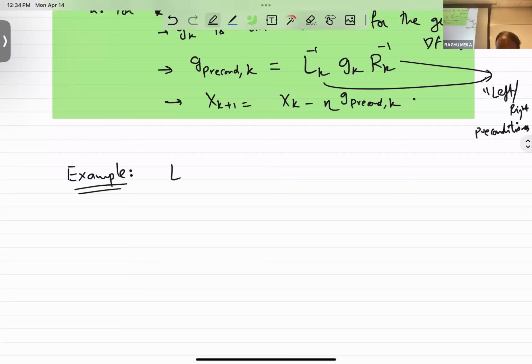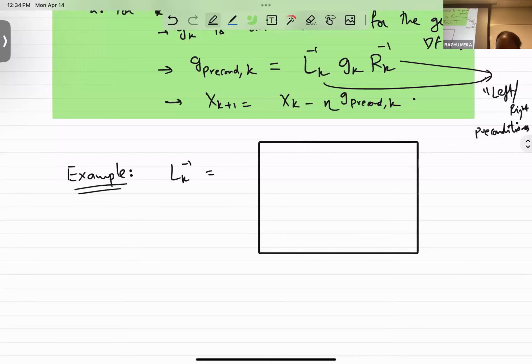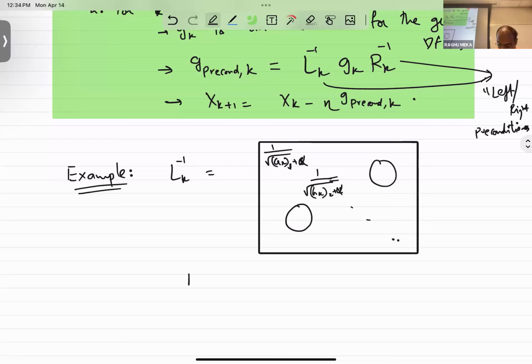I can set L_k inverse to be a diagonal matrix, which is 1 over the square root of g_k1 plus epsilon, 1 over the square root of g_k2 plus epsilon, and so on. And let's say R_k is just the identity. Running this is exactly the same as AdaGrad.